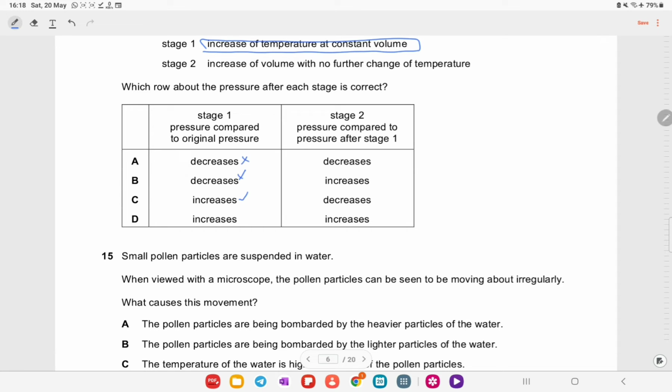So these two options cannot be possible. In the next stage, options C and D can be right. Now in stage 2, the volume increases with no further change in temperature. When you increase the volume, obviously the pressure is going to decrease. So option C is the right answer.